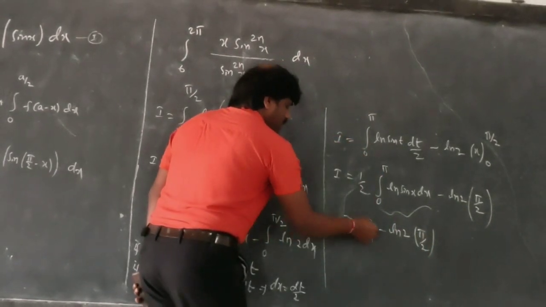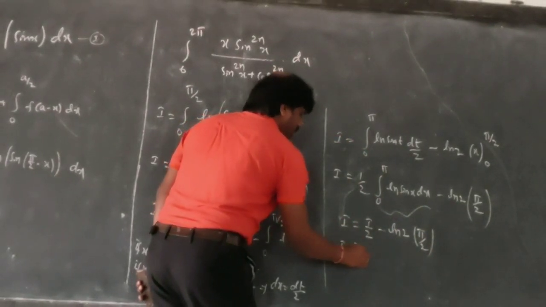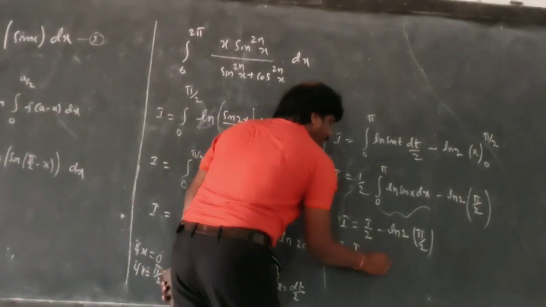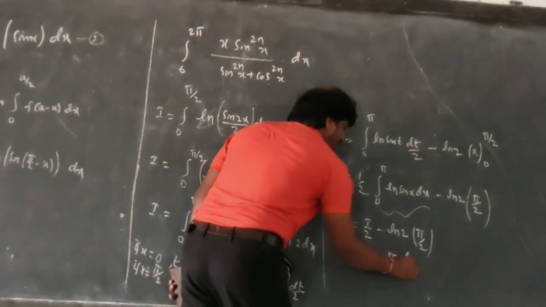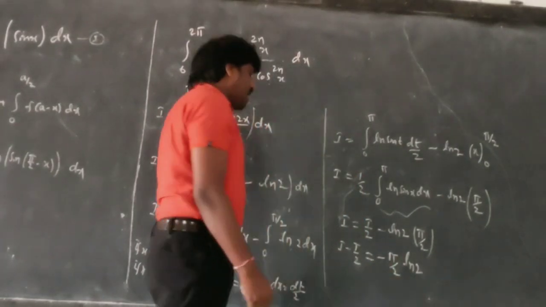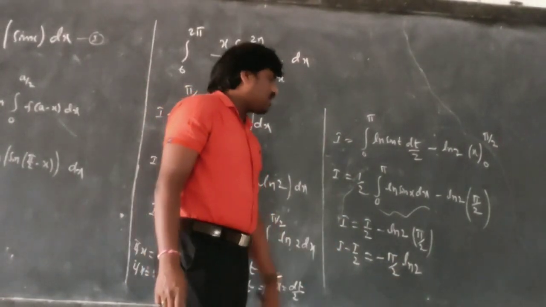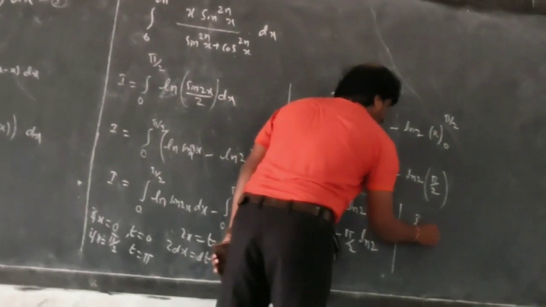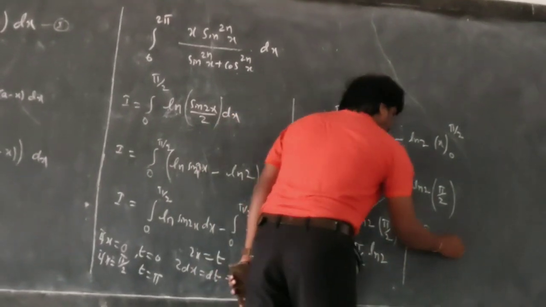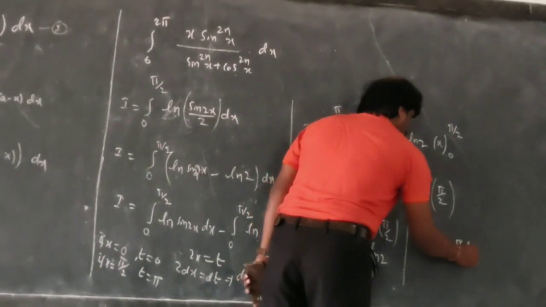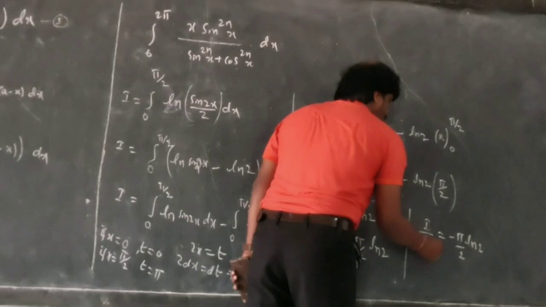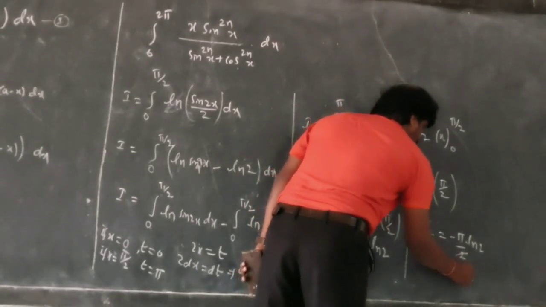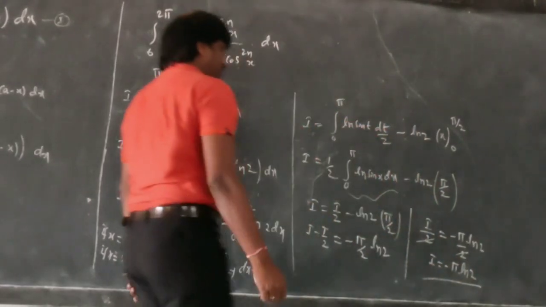It means if I send I by 2 to the left side, I minus I by 2 is equal to minus pi by 2 ln 2. I minus I by 2 is I by 2 again. So I by 2 is equal to minus pi ln 2 divided by 2. The 2 gets cancelled, so I is equal to minus pi ln 2, which is your final answer.